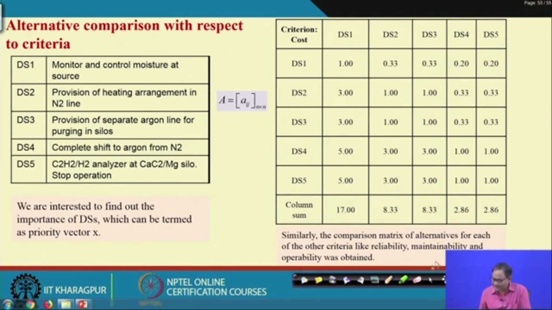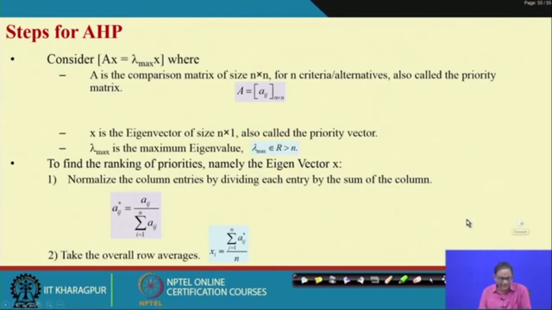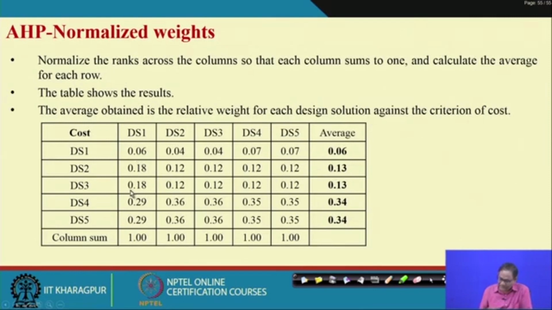What is this? That is what is a normalized matrix, this. So, the column sum was 17 and 1 by that, which one is this with reference to cost. So, you will get this matrix.